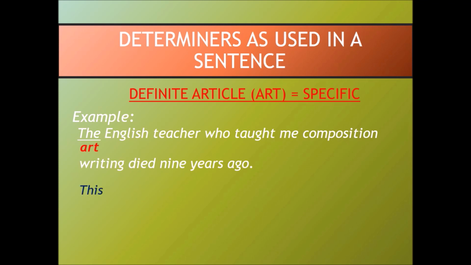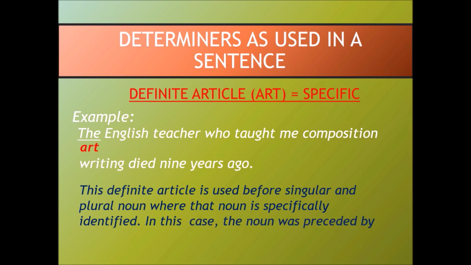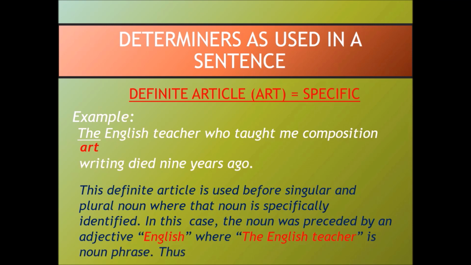So this definite article is used before singular and plural noun where that noun is specifically identified. In this case, the noun was preceded by adjective English, where the English teacher is noun phrase.